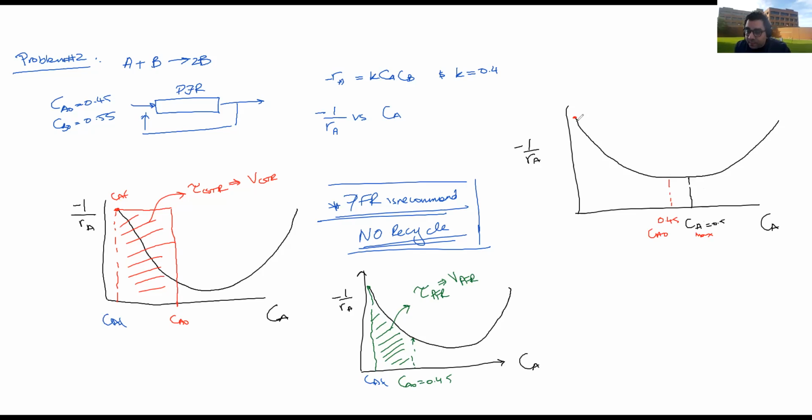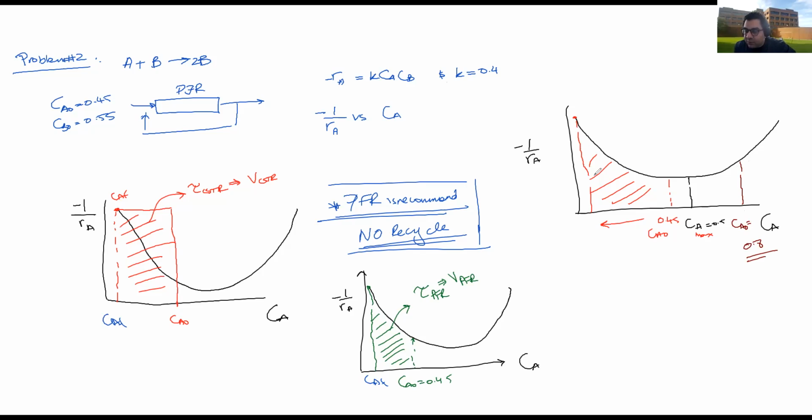And in our case, our reaction is moving in this direction, right? So I'm only looking at the area under this part. What if I have a case where my CA note is, let's say, 0.8? So in this case, I'm looking at CA note to CAF.